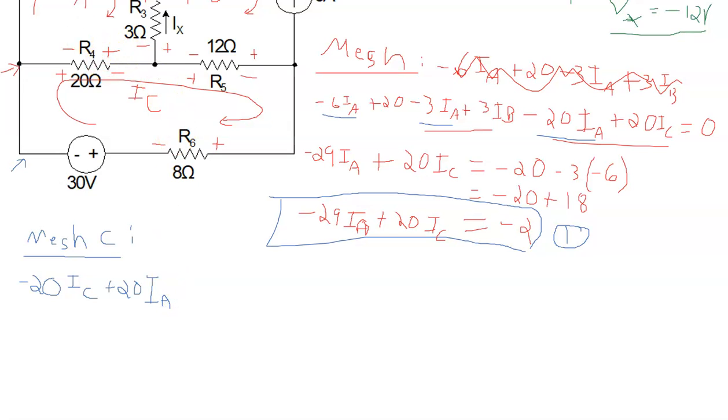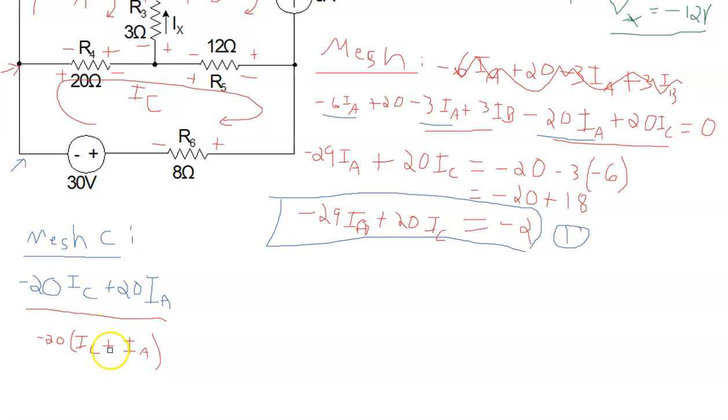Now, you see a lot of people do that as one single term, where the current through the 20 ohm is IC minus IA. So you could write this as negative 20 multiplied by the current through the resistor, which is the difference of the two mesh currents, IC minus IA.